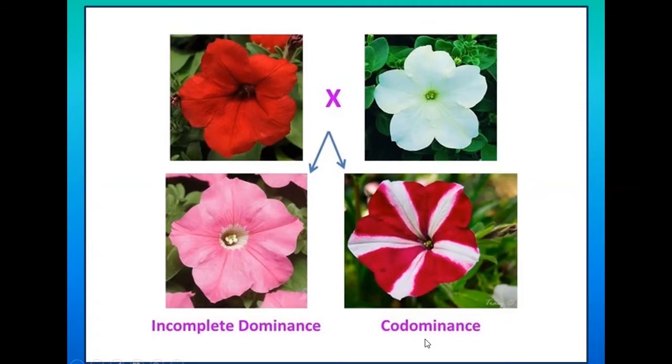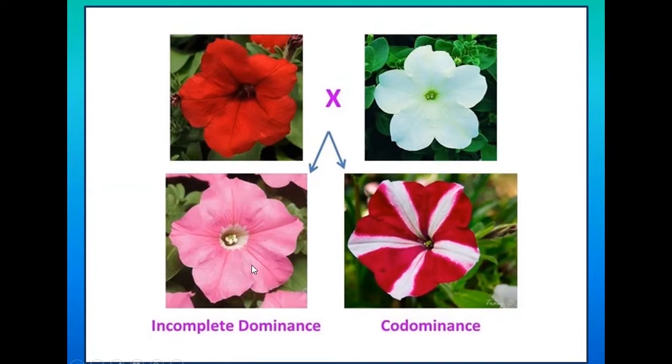Now let's further intensify our understanding of these two patterns of inheritance. Let's have this question. Does the mode of inheritance give rise to a new phenotype? For incomplete dominance, we can all say that it produced a third phenotype, which is pink. You have red and white from the parents.